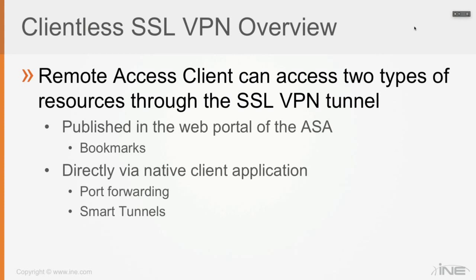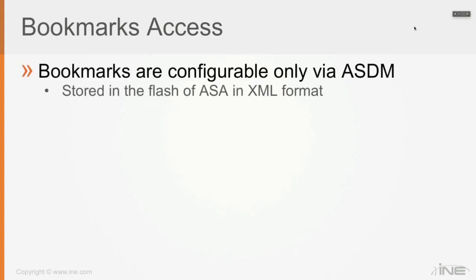And for that to happen, we have two options, configuration-wise on the ASA: two features, port forwarding and smart tunnels. Now, bookmarks are configurable only via ASDM, because those are stored in flash of the ASA in XML format, in an unreadable format. So bookmarks can only be configured from the ASDM or the GUI, not via the CLI on the ASA.